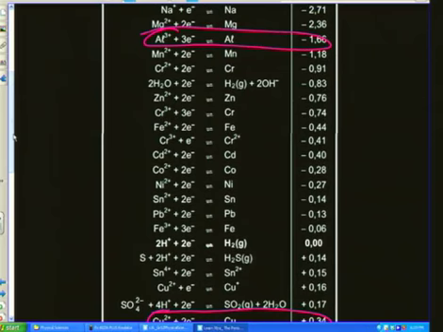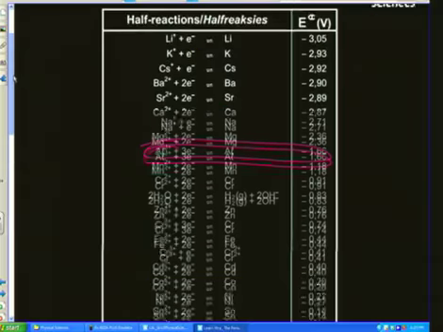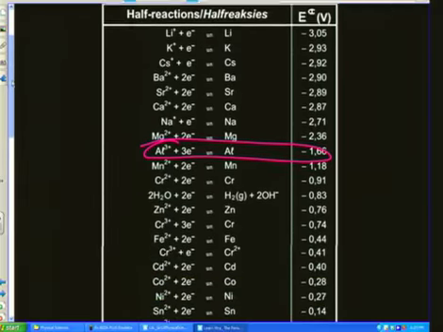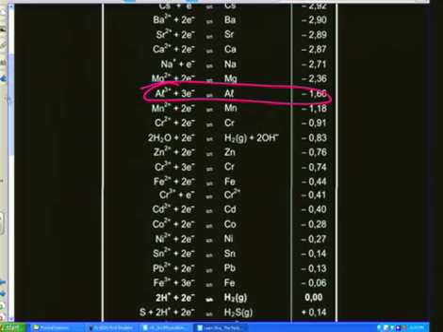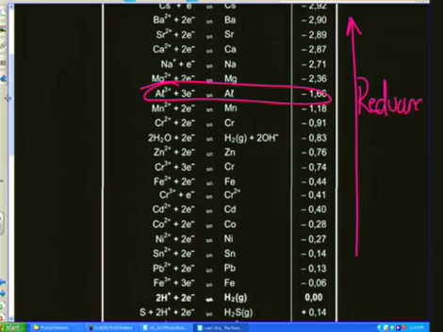So what is happening is that aluminium, if you look at it, is at minus 1.66, but it's higher on the redox table. As we go up the redox table, listen to me, their reducing ability increases. In other words, the higher up on the table for 4B that it is, the better reducing agent it is.